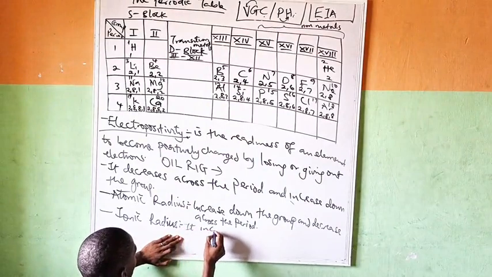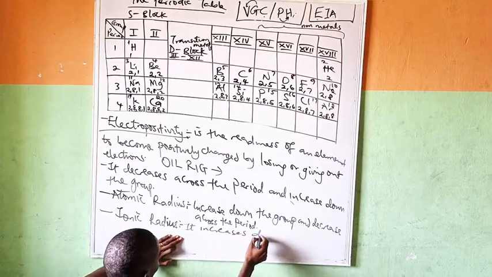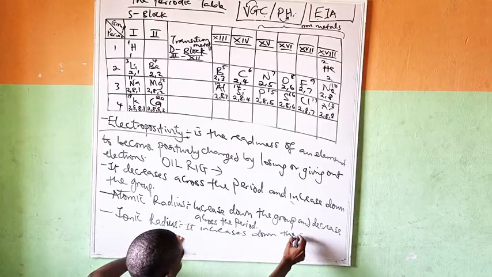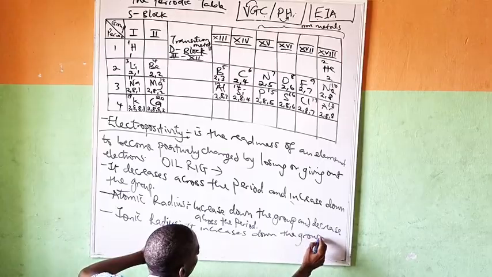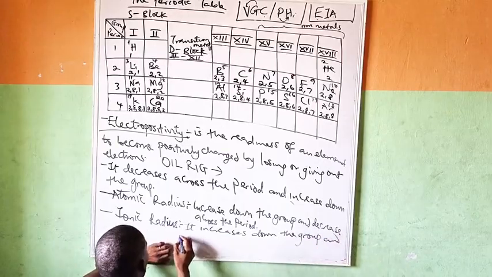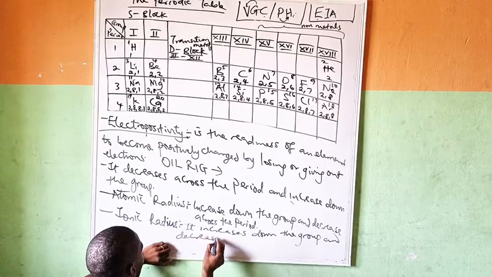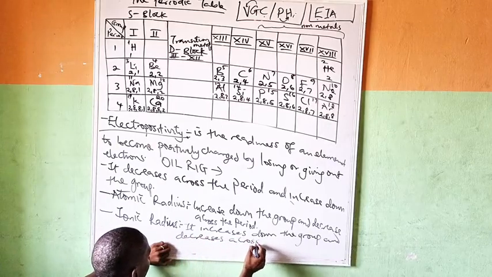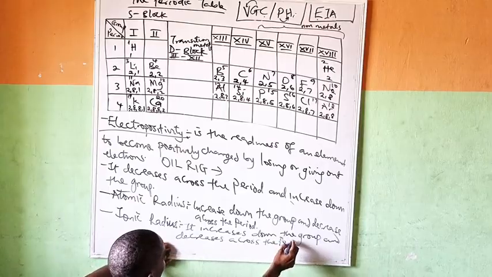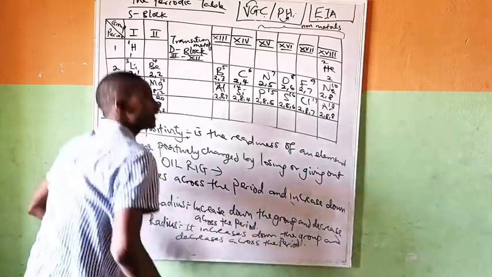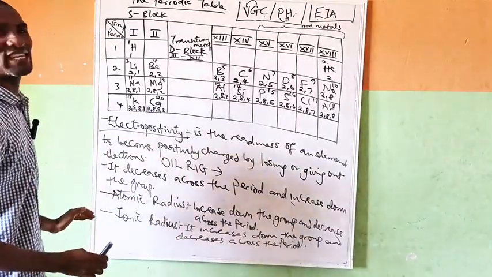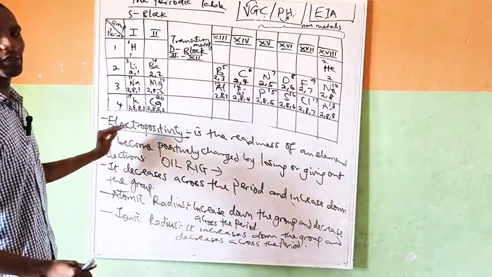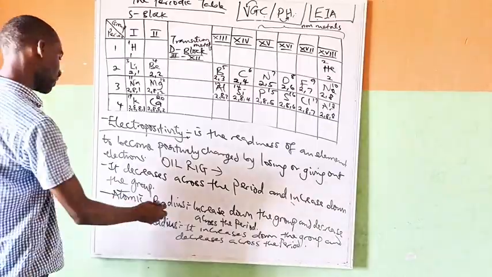It increases down the group and decreases across the period. Full stop. So these are 3 other properties, which are electropositivity, atomic radius, and ionic radius.